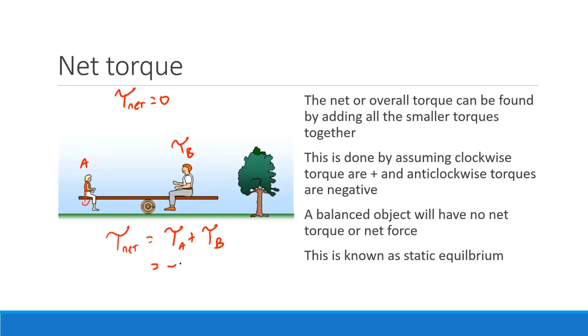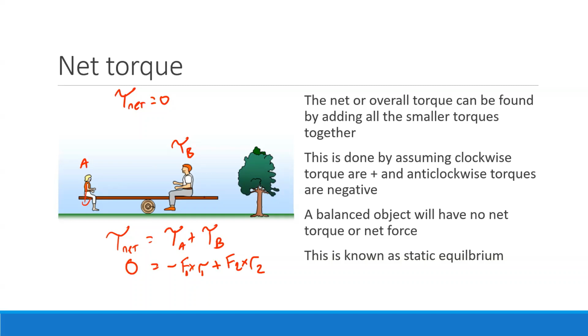So we've got a negative force times radius, plus the B is pushing down on the right, so it's going to make it go clockwise. Plus, so I'm going to go force 1 times radius 1, plus force 2 times radius 2. And in this case, the net torque is 0 because they're not moving.